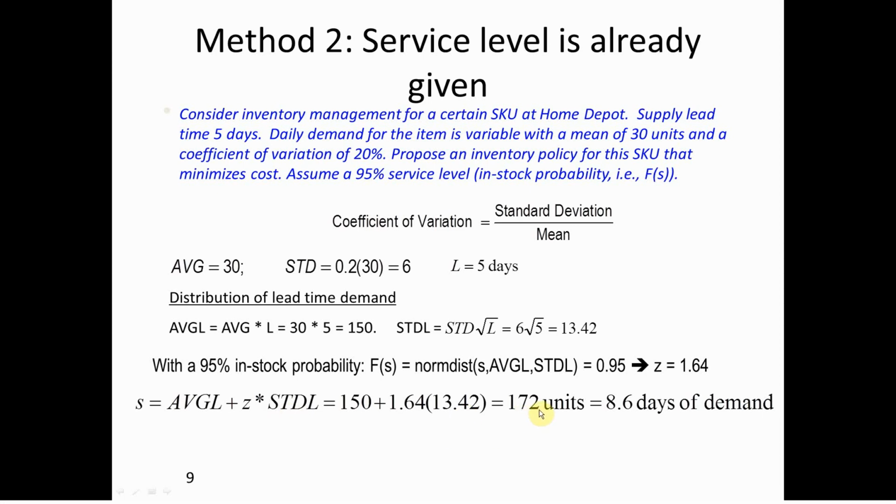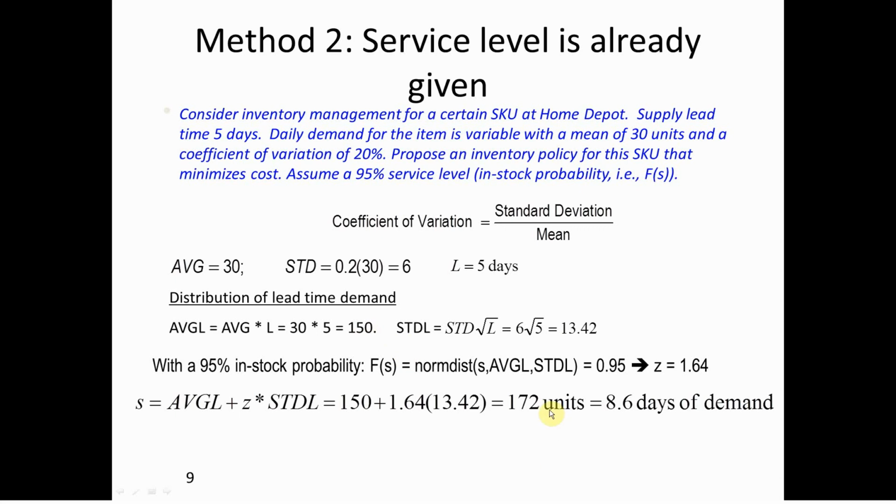In other words, instead of holding the expected 150, we're going to hold a little bit more. And that's because we want to make sure that we are in stock 95% of the time. Notice that if we wanted to only be in stock 50% of the time over the lead time, we would hold exactly 150.